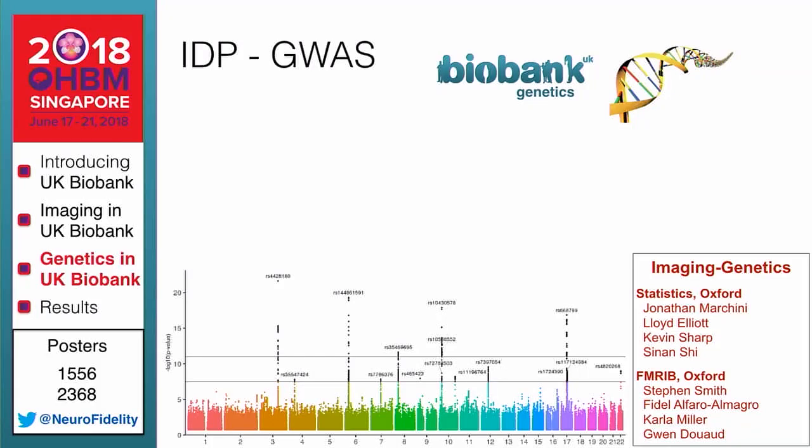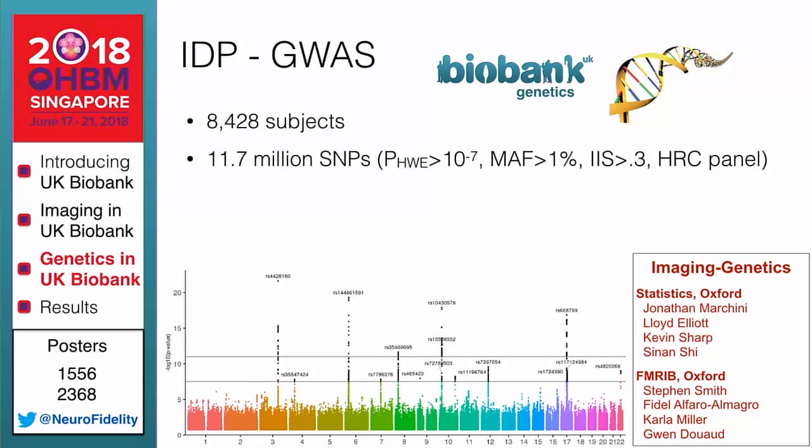And about the genetic part of the project, we started with 8,400 subjects with a common genetic ancestry. From the initial set of 96 million genetic variants, we just kept 11.7 million SNPs, applying several filters.